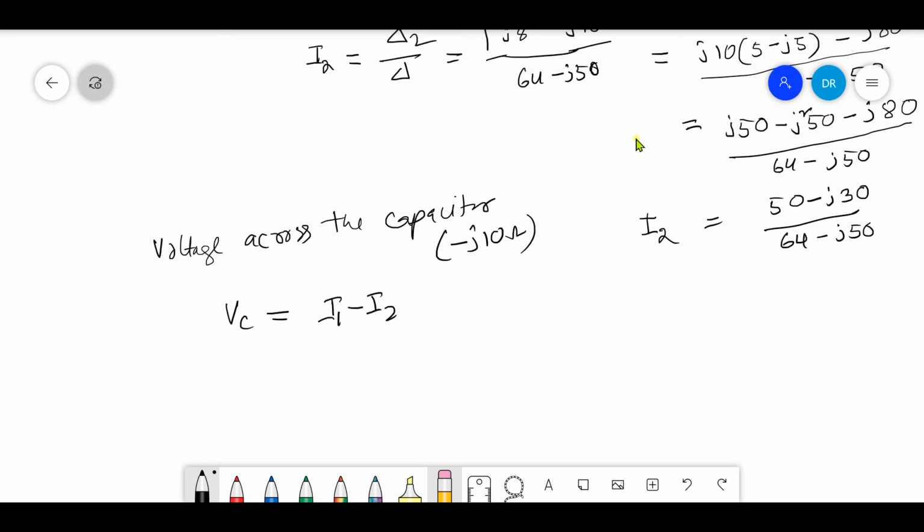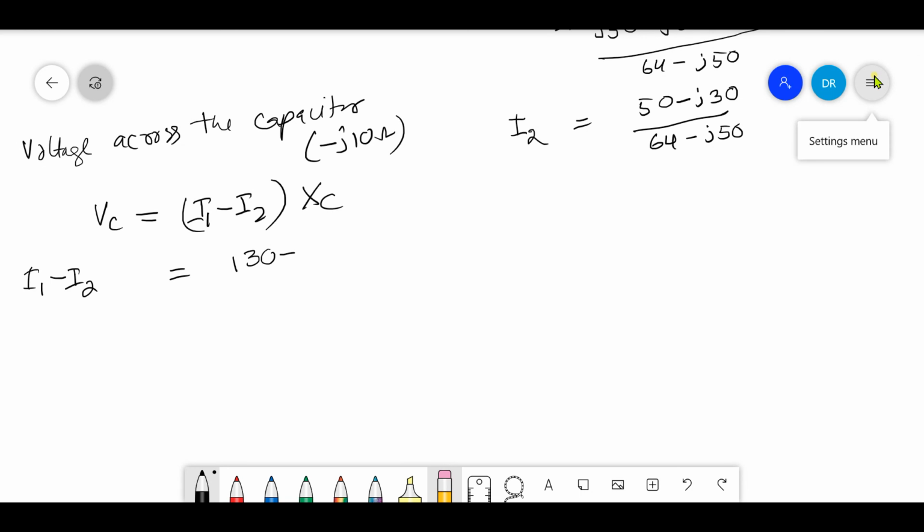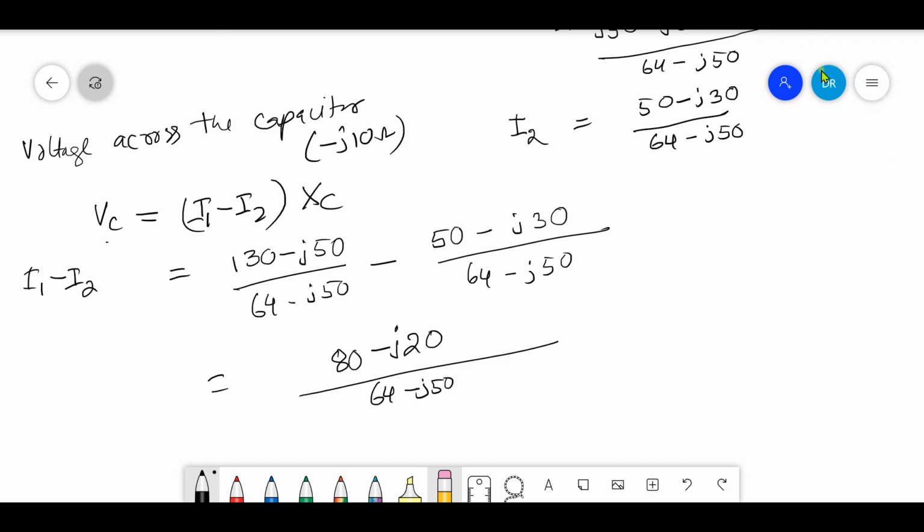Our objective is to find the voltage across the capacitor. Here we can see the voltage across the capacitor is equal to (I1 - I2) into XC. I know the values of I1 and I2, so accordingly I will find the difference between I1 and I2 in rectangular form. So this one is the value of I1 and I2.